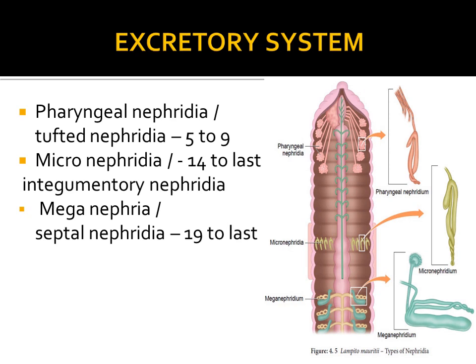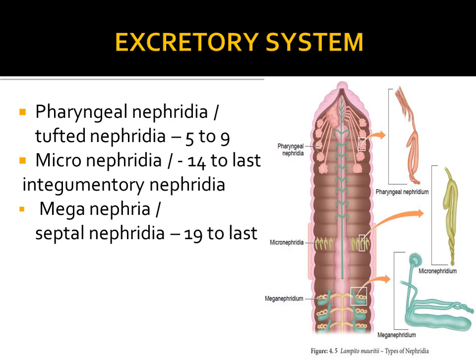The first is the pharyngeal nephridia, also known as tufted nephridia. Why pharyngeal? Because it surrounds the pharynx region. Why tufted? Because it is a group of coiled tubules, like a tuft.